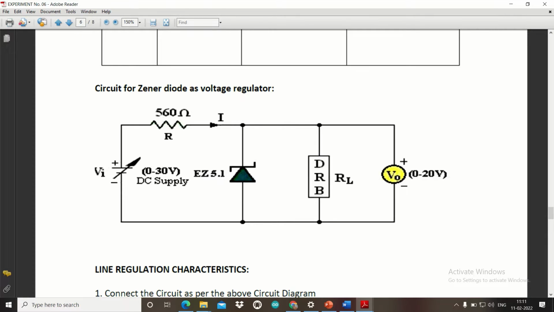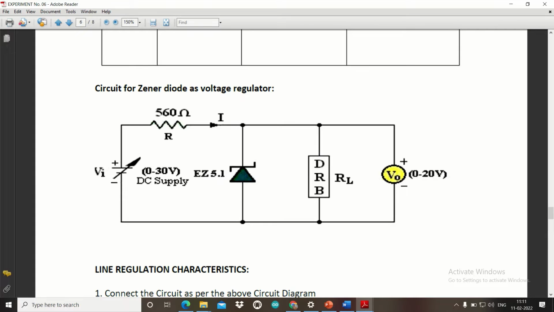Therefore, in these two cases, we have to study two different types of characteristics of a voltage regulator: one is the line regulation characteristic and the other is the load regulation characteristic.